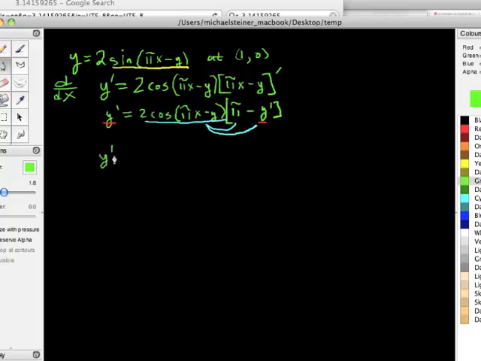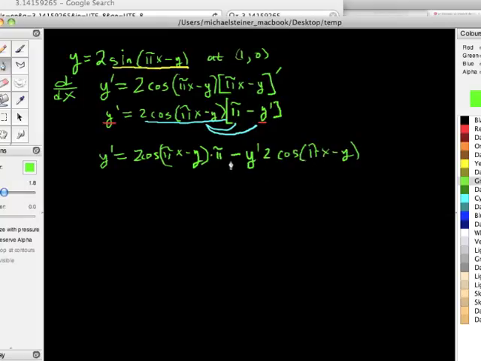We have y prime is equal to 2 cosine pi x minus y, times pi, and now I'm just going to write this y prime first, but minus y prime times 2 cosine pi x minus y.